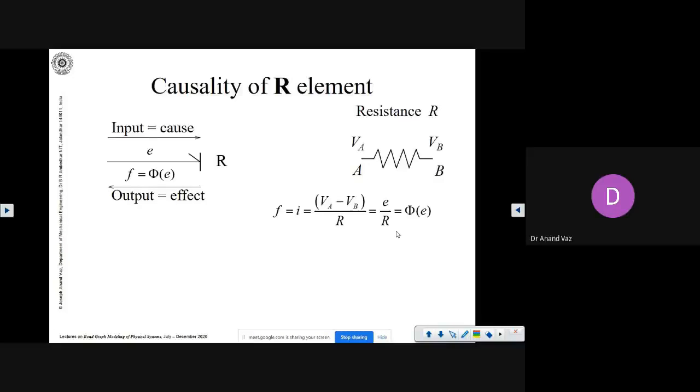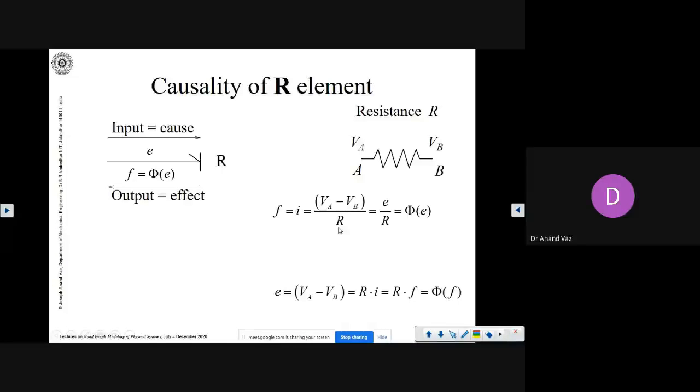So in this particular case, input is the voltage, the potential difference. Here you have the causal stroke placed here, and effort is equal to VA minus VB, which is the potential drop across this, and that is equal to R into I. That is R multiplied by flow, a function of the flow.